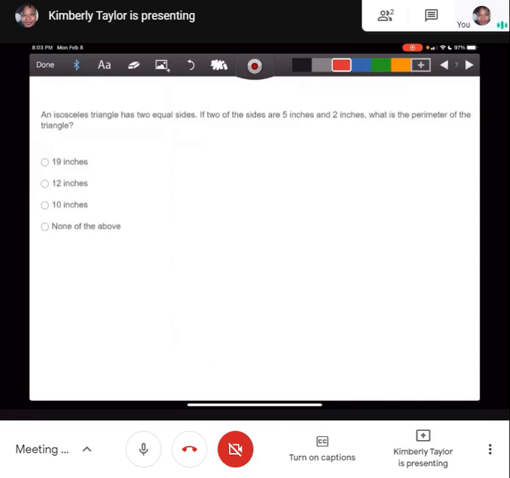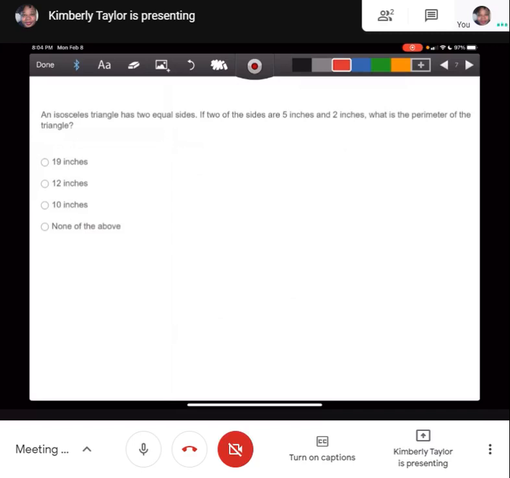Now, for this question here, it says an isosceles triangle has two equal sides. That's the definition. If two of the sides are 5 inches and 2 inches, what is the perimeter of the triangle? So for any triangle, you need to know this rule.